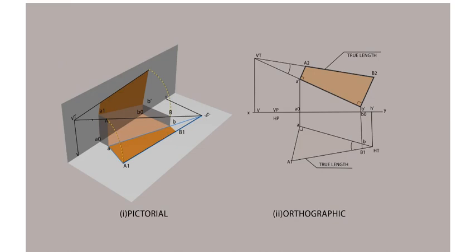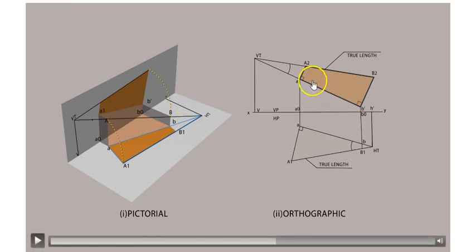Similarly, one more observation which you can make when we look at the other side is that the distance capital A small a will be the same as the distance from small a to the XY line, because it is nothing but this projection.